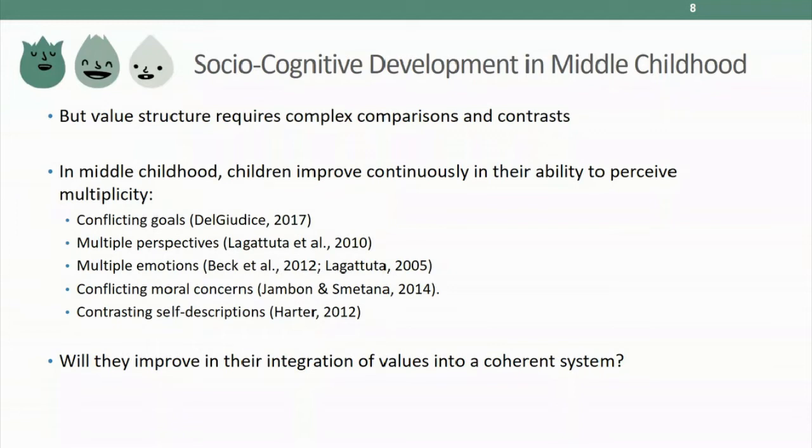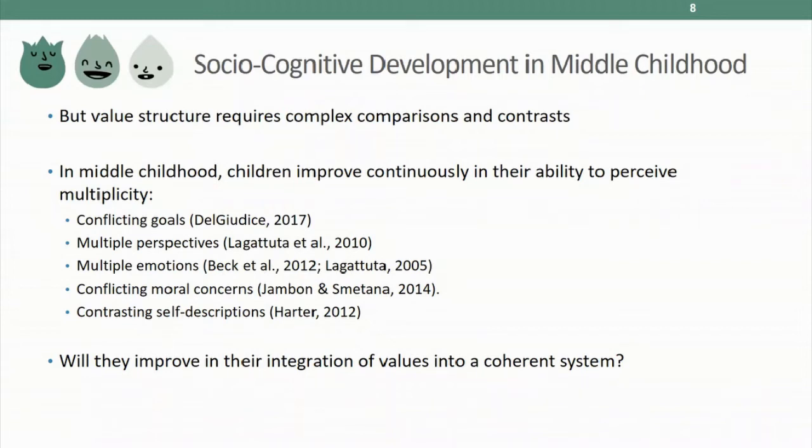And across social context in middle childhood, we know that children have a hard time doing such comparisons, in doing such contrast and holding the 2 sides in their head at the same time. And during middle childhood, children continuously become better at that. So if they have conflicting goals, they learn how to resolve them.